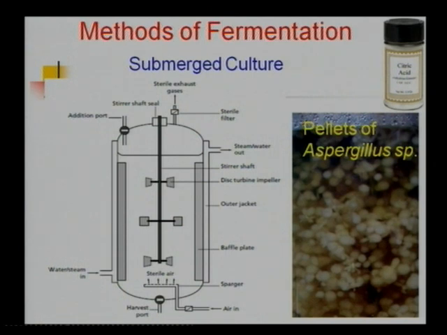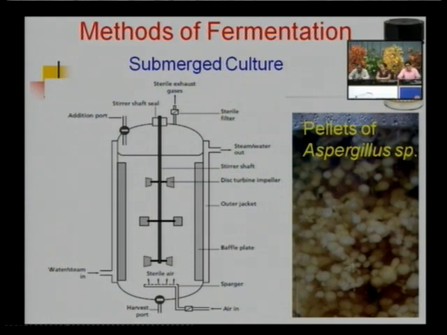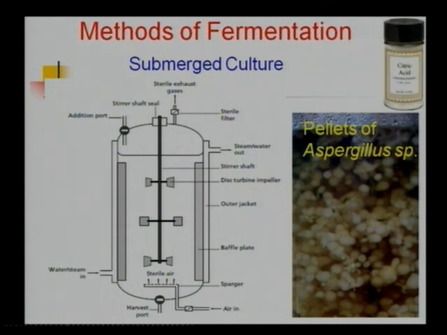Nowadays, whenever citric acid fermentation is carried out at industrial level, 80% of citric acid production is successfully carried out with the help of the submerged culture method. In the submerged culture method, a sterile medium is inoculated with a fungal spore, where either dry spore or a spore suspension can be used to inoculate a sterile medium, and then vigorous aeration and agitation is applied.